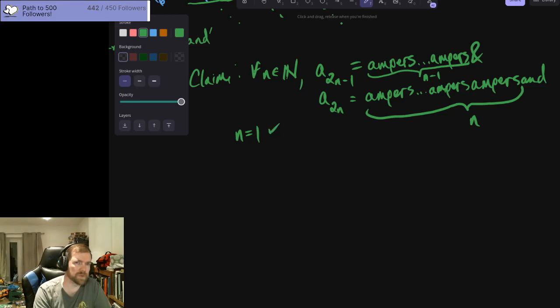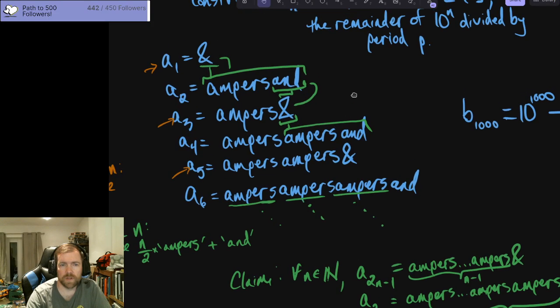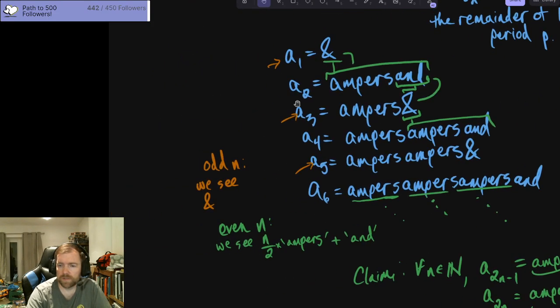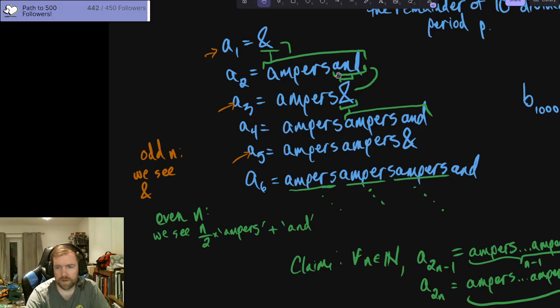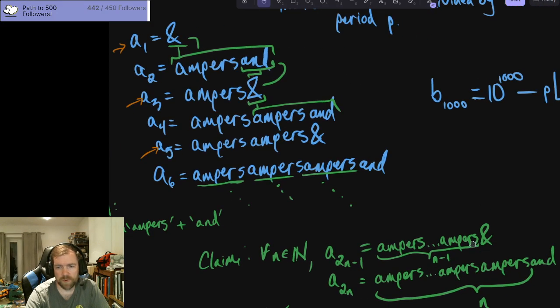Right, so n equals 1, we did that up above, where we said if n is 1, we have here, wait, that n is 1. So it's going to be 1 and 2, right? Some number of ampersands followed by an ampersand.